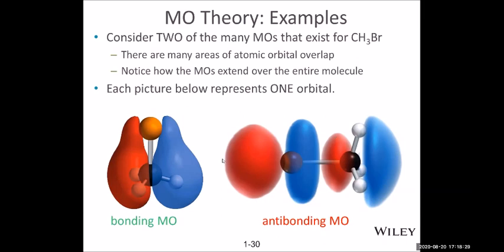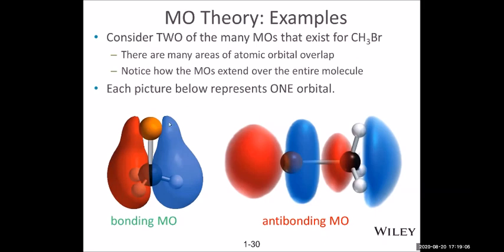Okay, the antibonding we're talking about, this is one atomic wave function. It's all combined. There's another one. Between these two, the bromine and the carbon, there's one node. You can see there's one node. So that makes the energy higher. Whereas in this bonding molecular orbital between the bromine and the carbon, there's no node here.